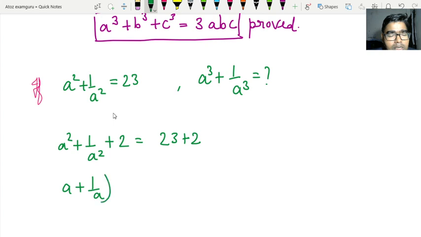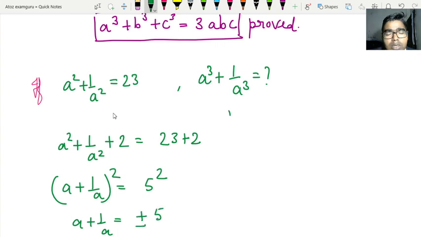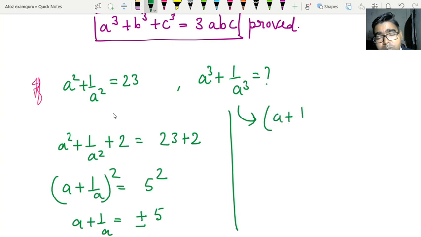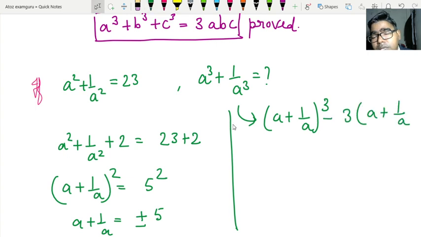A plus 1 by a whole square, it is just 5 square, right friends? So the value of a plus 1 by a is plus 5. And now the formula for a cube plus 1 upon a cube, we know, and that is a plus 1 by a whole cube minus 3 times a plus 1 by a.